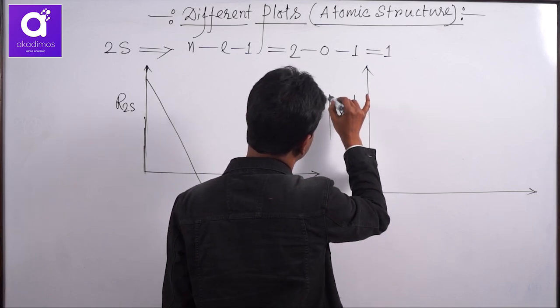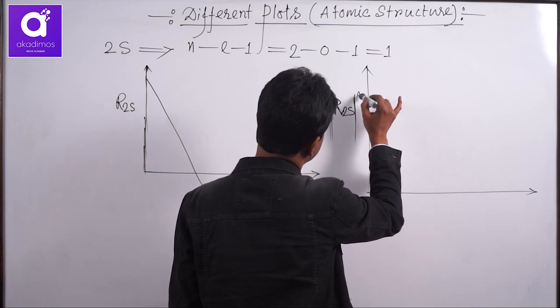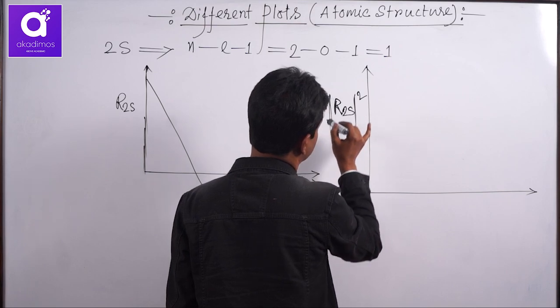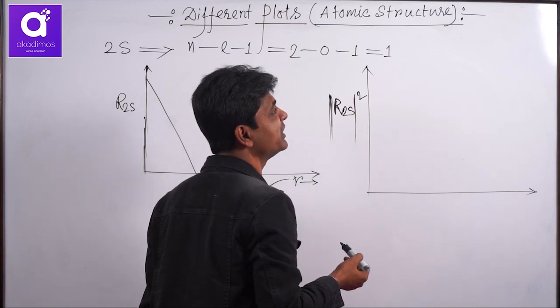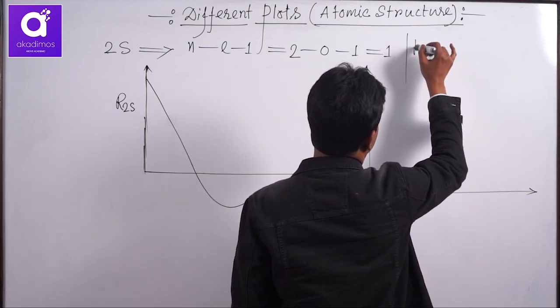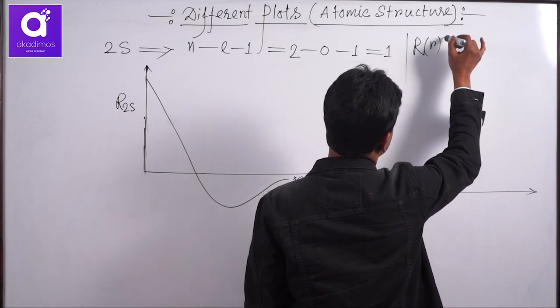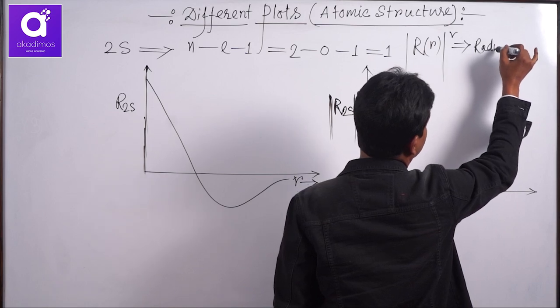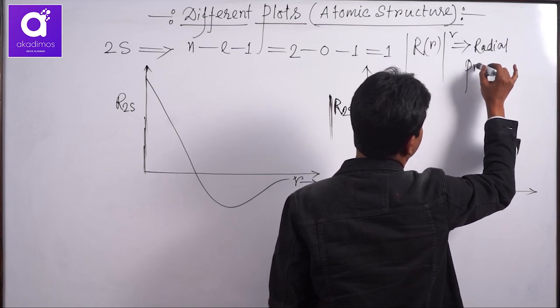A complete wave function you can express in terms of the radial wave function as well as the angular wave function. Remember, this radial wave function square represents the radial probability.